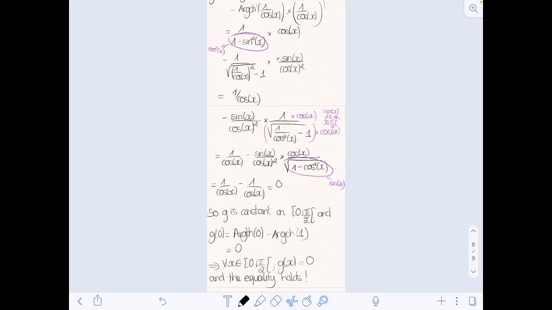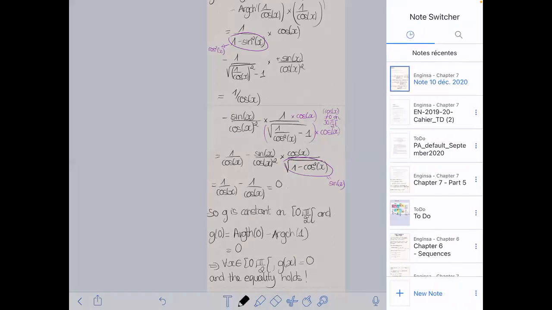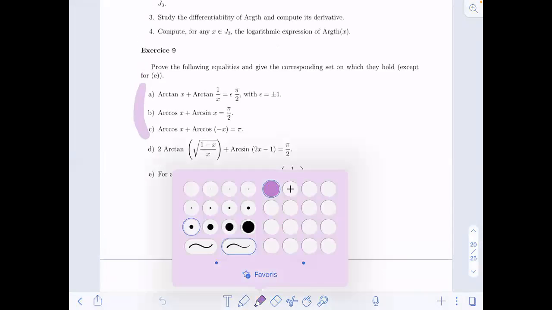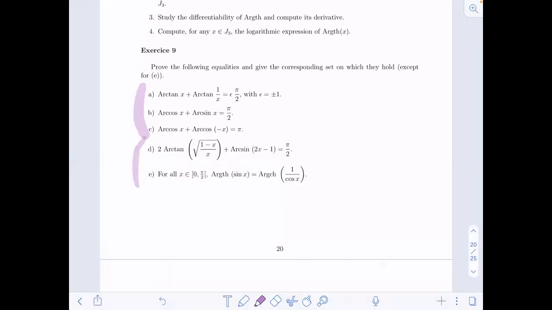Or regarding the exercise, I guess. Yeah, I suppose one thing that you can note is that all of these functions here are sort of calibrated for this to work.